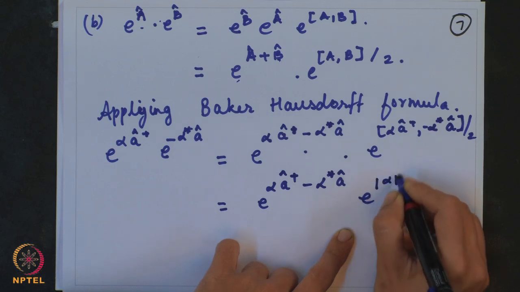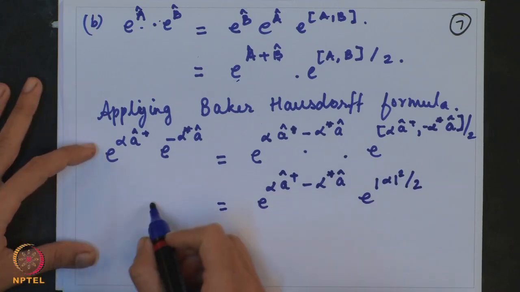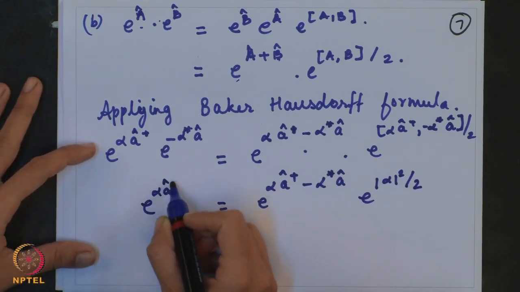So, I have alpha square by 2. So, this is what we have proved. It is just one step.